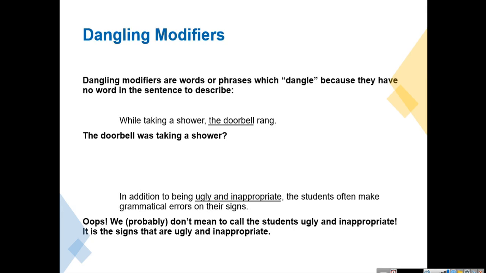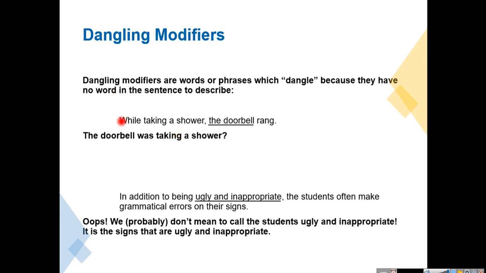The way we explain this is by a very common mistake that we make, and we call it a dangling modifier. A dangling modifier is a word or a phrase which dangles because there is no word in the sentence to describe. Let's look at this example.